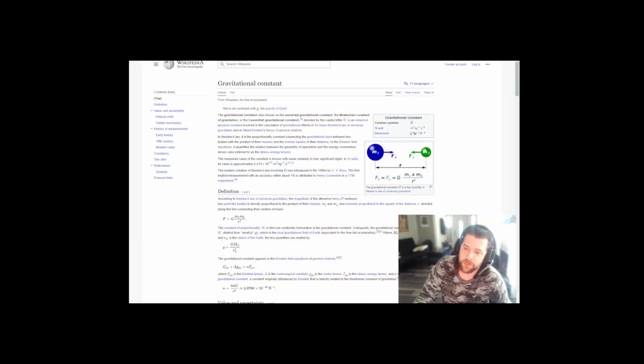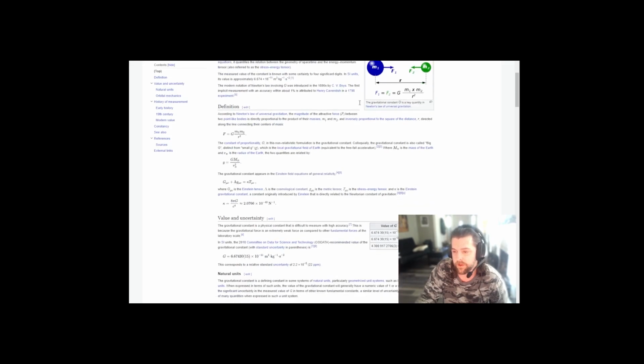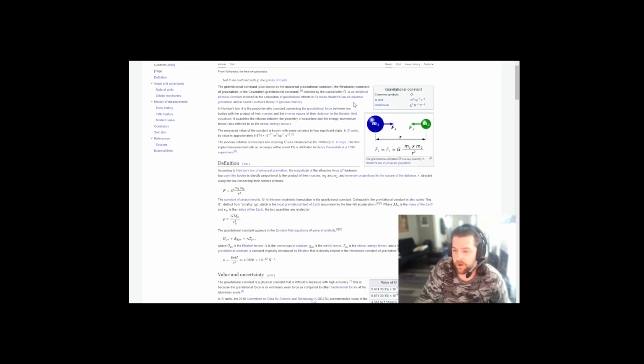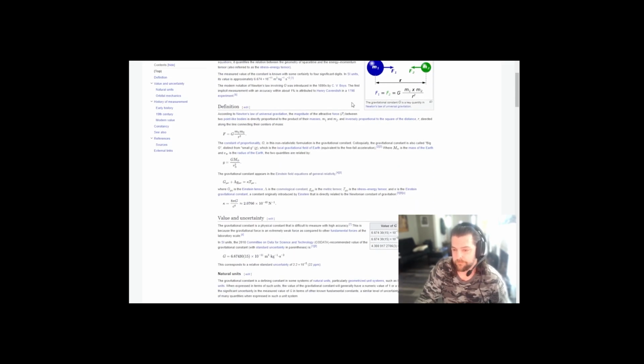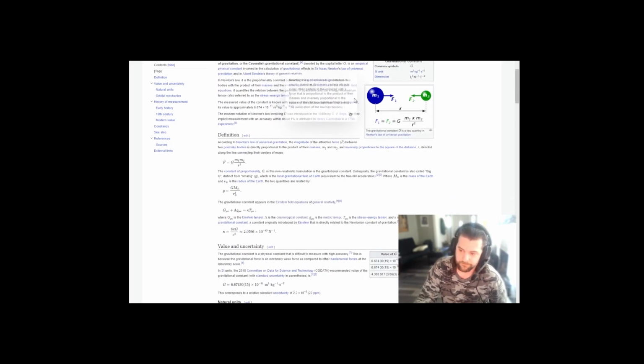Right, so the gravitational constant is the whole thing that makes Newton's and Einstein's math work. Without this, they would have absolutely nothing at all, other than just fall off ratios of energy, nothing more. So you can clearly see we have the gravitational constant, G, times the mass of object 1 and 2, divided by the radius squared.